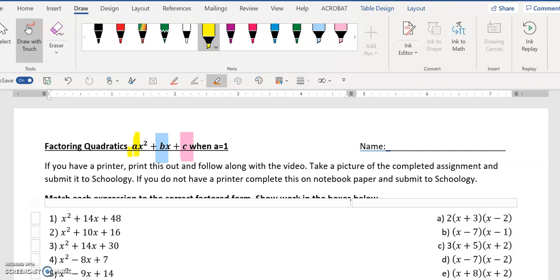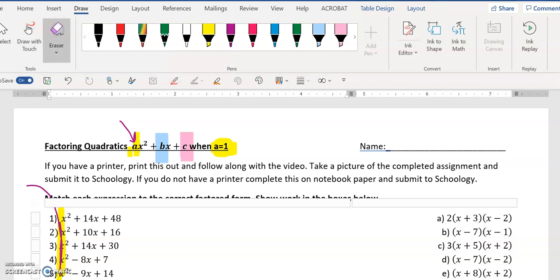In all of these quadratics, there's no number seen in the front. That means it's just the invisible 1. So that's why this says factoring quadratics when a is 1, because all of these problems have invisible 1s in front of x. The leading coefficient is 1.